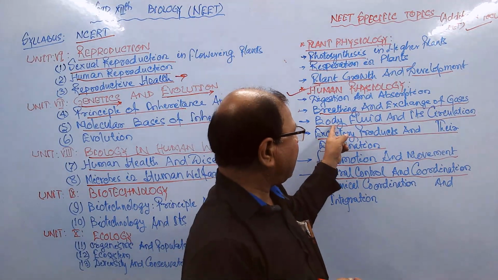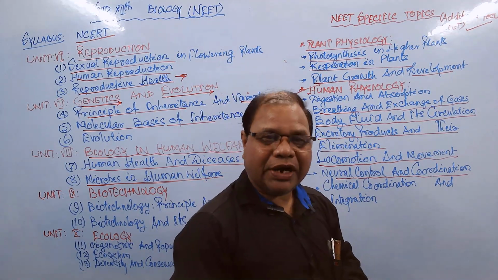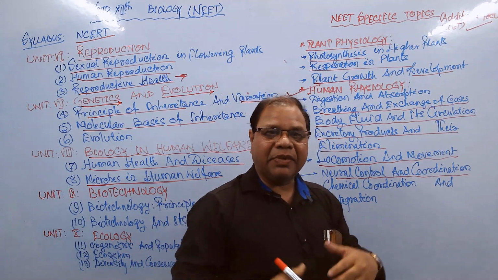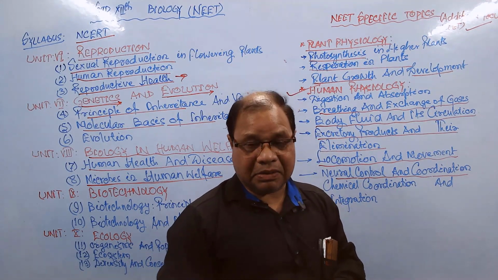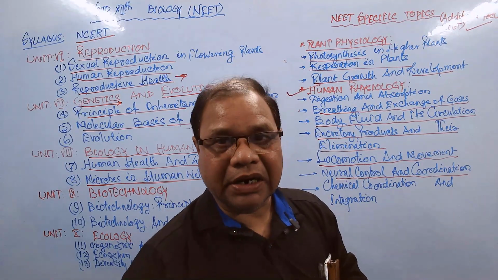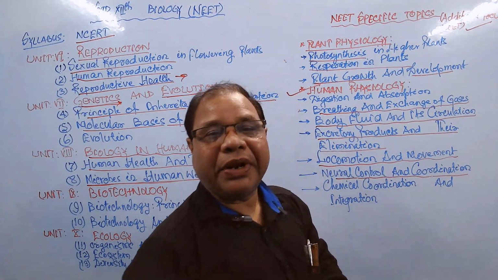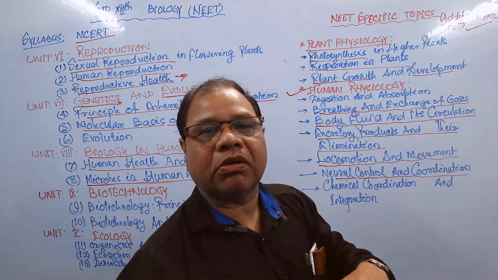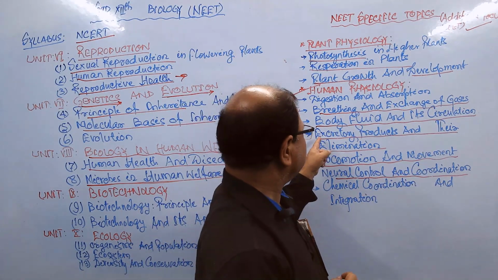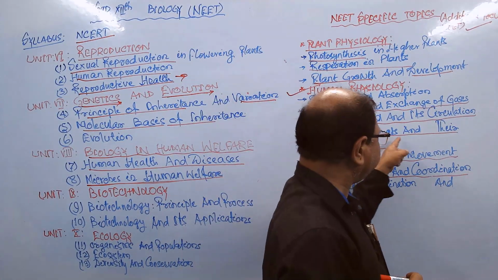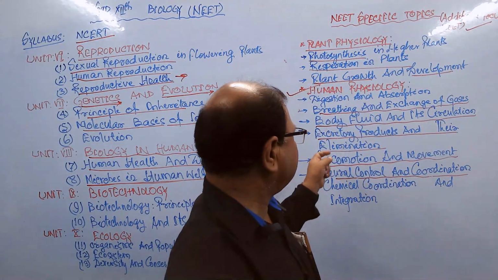Blood circulation is of 2 types: the closed circulatory system and the open circulatory system. The closed circulatory system is found in human beings, mammals, birds, etc. And the open circulatory system is found in cockroaches and small creatures. Next point: excretory products and their elimination.